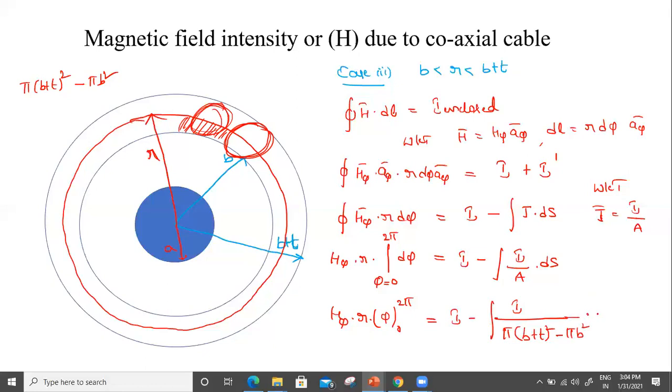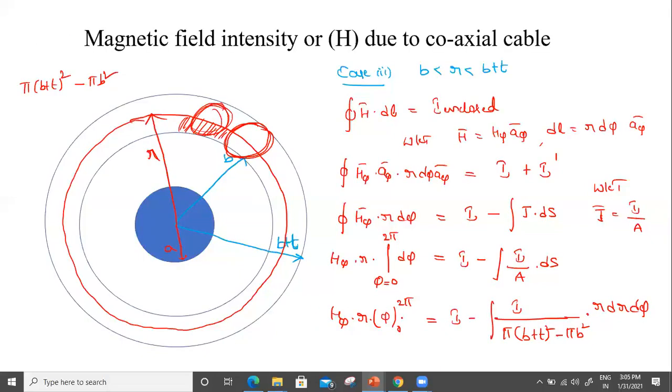We know that dS equals r dr d phi. This is taken according to the cylindrical coordinate system. So if you simplify this, we may get the answer. So now let me go for simplification. In the left side, H phi into r. If you apply the limits, 2 pi minus 0, then you will get 2 pi.